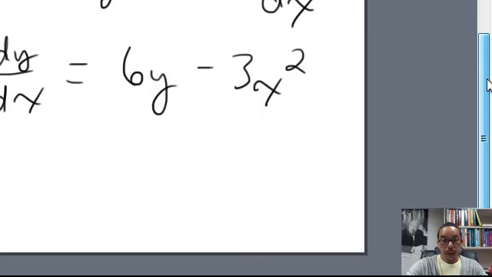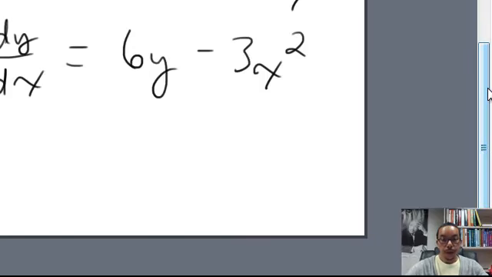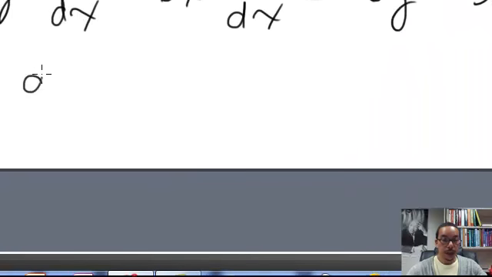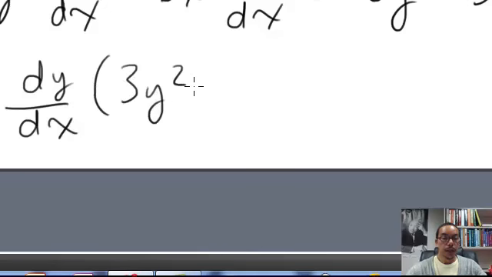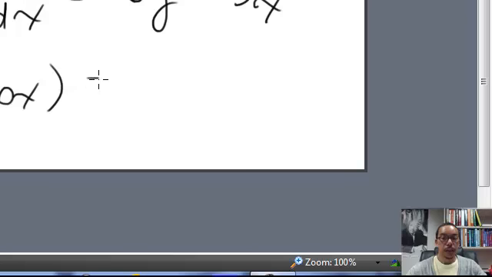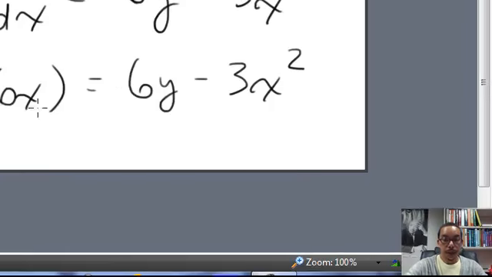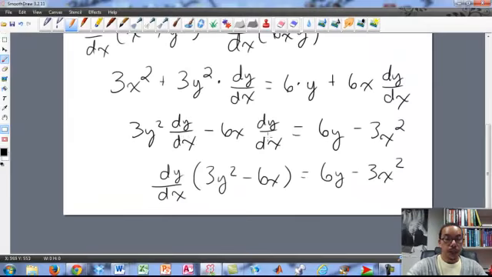Alright, so now we're basically going to just solve for dy dx. So to solve for dy dx, we need to factor out a dy dx in these two terms. So dy dx times 3y squared minus 6x equals that right hand side. And all I did on the left hand side was just factor out a dy dx in these two terms.